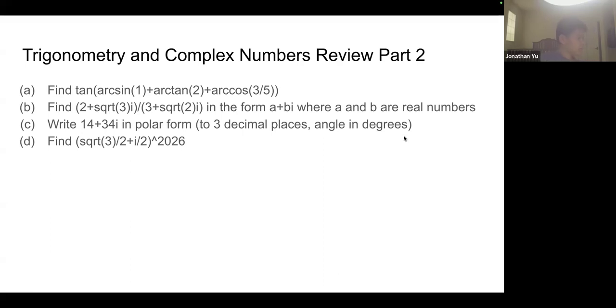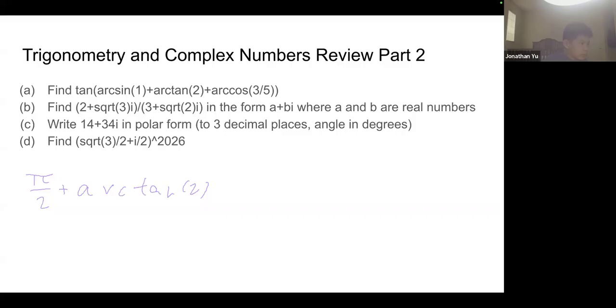So arcsine of 1 is just pi halves. So we can put arctan. Okay, so then we can copy arctan of 2 here.